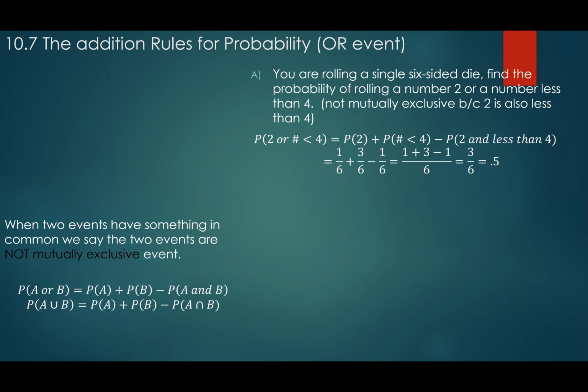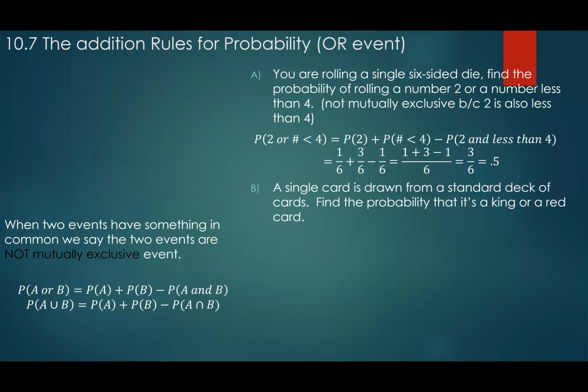This one here, the difference is they ask you for the number less than 4, and there is an intersection. There are some common items. Okay, so the next one here, hopefully the next example you will see the idea here.